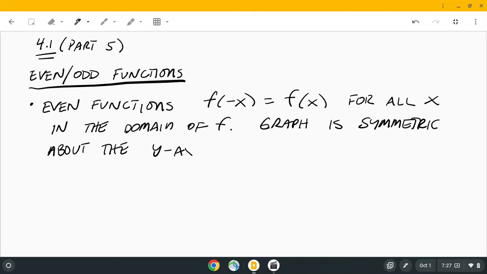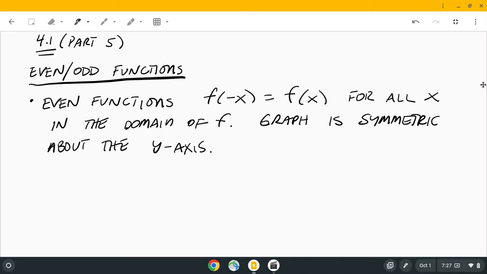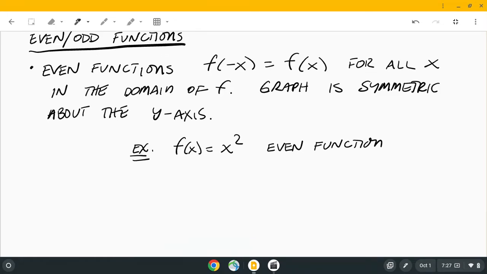Maybe you recall learning about even functions and the parabola f of x equals x squared. That would be an example of an even function. You can check with just a few values.